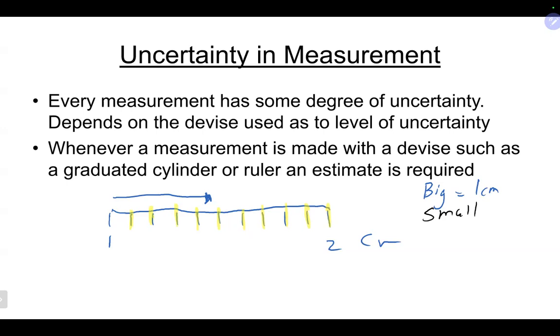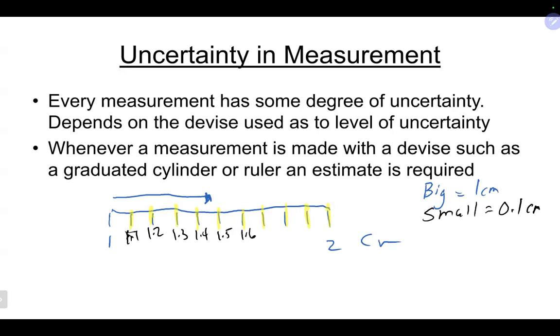It would be 0.1. Yes, I take 1 divided by 10, and you would end up with 0.1. So this would represent 0.1 centimeters. This would be 1.1, 1.2, 1.3, 1.4, 1.5, 1.6, and so on.